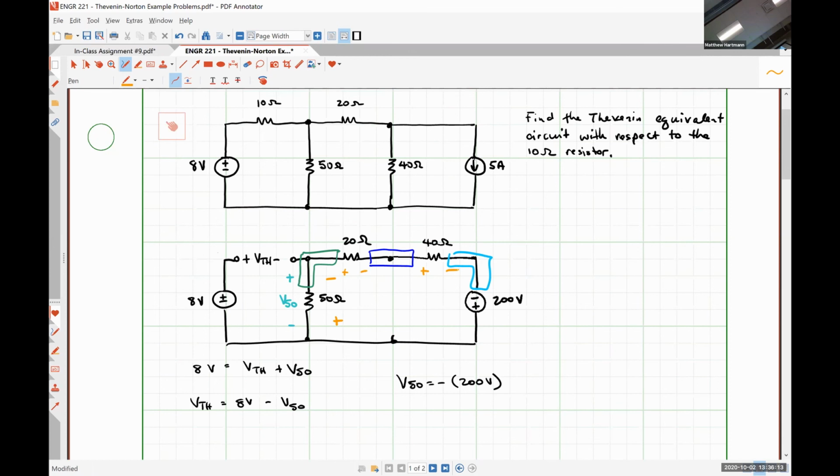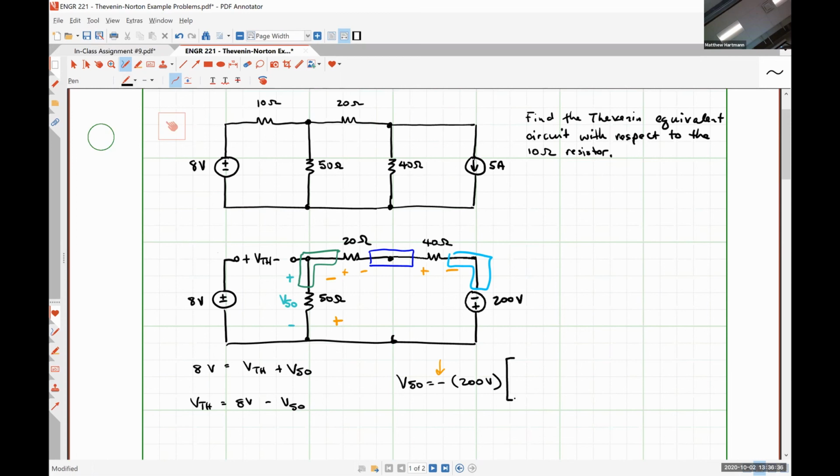The voltage rise given by our source is the sum of the voltage drops by the resistors connected in series to it. Well, the expected polarity for the voltage drop over the 50 ohm resistor is exactly opposite as how I've defined the voltage V50. So that's where this negative sign comes in. So I just want to be very clear about that.